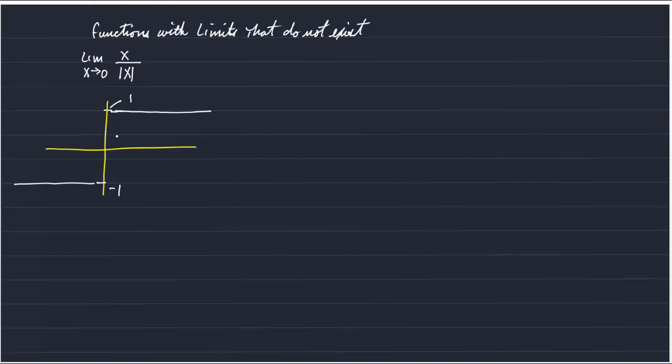Right? But as x approaches 0, we approach this region where the function is not defined. Another example is the limit as x goes to 0 of 1 over x.